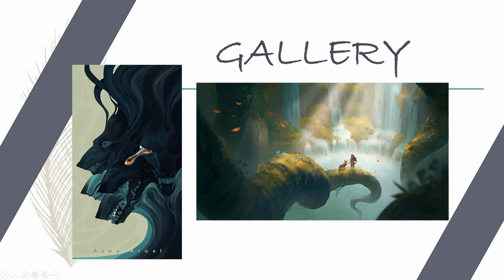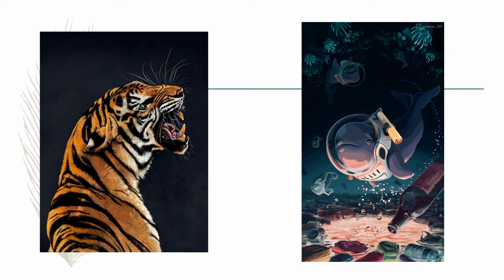Here you can see that it's really nice. These are what I got from the website. There are many artists there that share their artworks freely, and I'm not planning to use these. These are some examples.